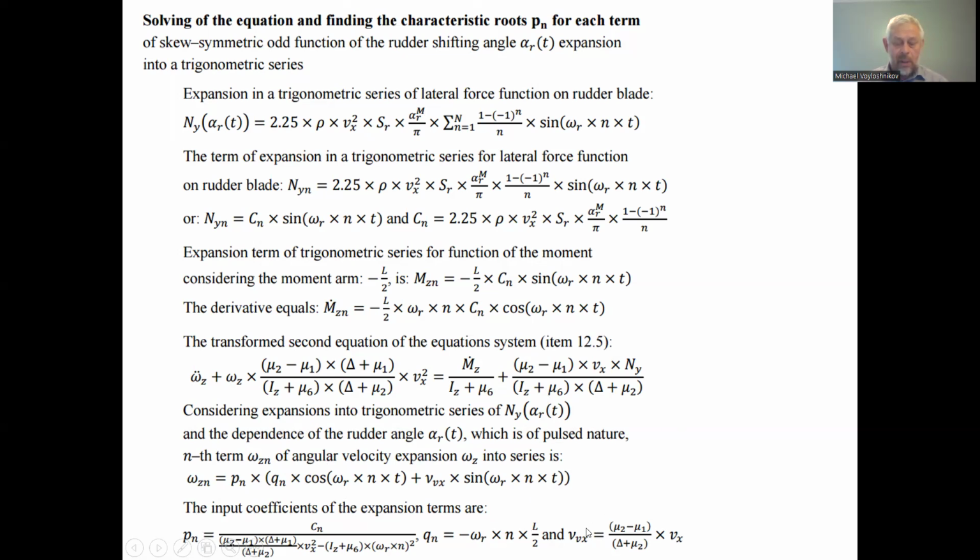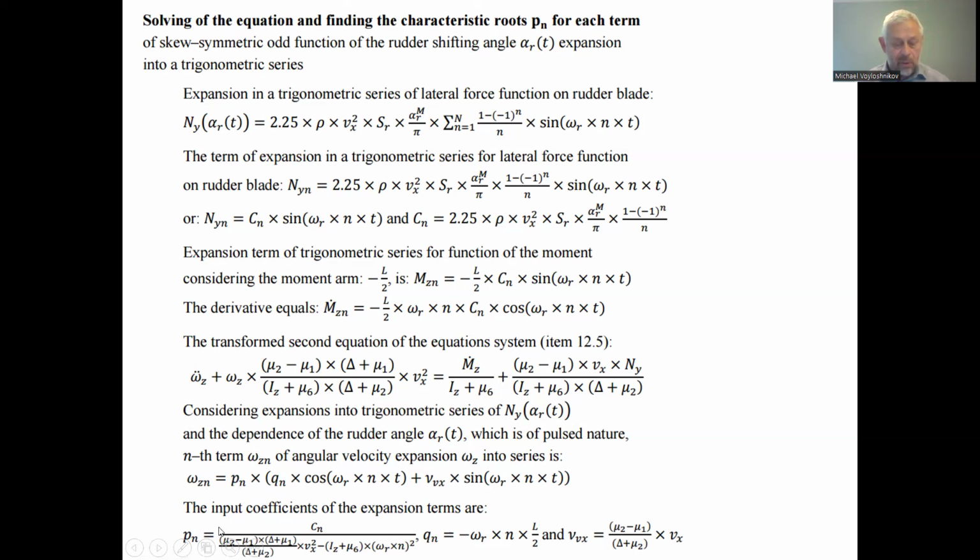And this decision will look in the form indicated here. This is a term of the expansion of the angular velocity into the trigonometric series. We have just simplified the type of this equation. We derive the common factors and substitute the designations.